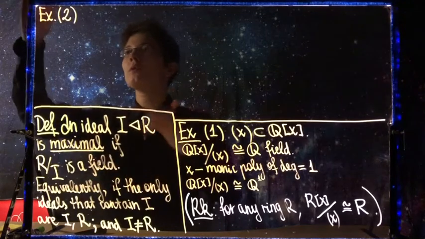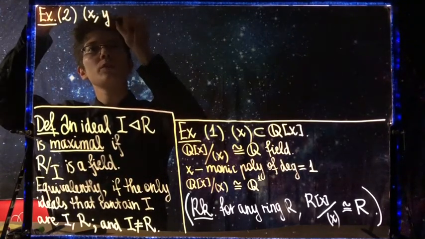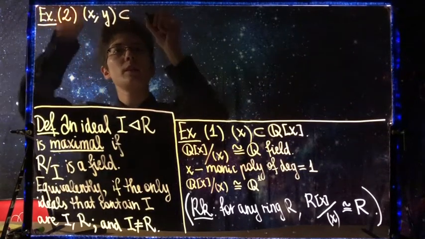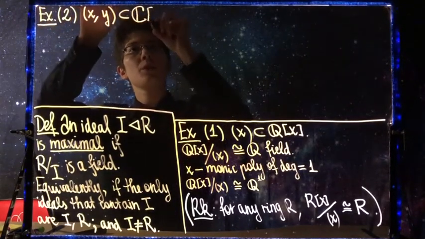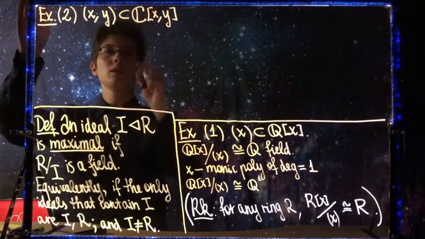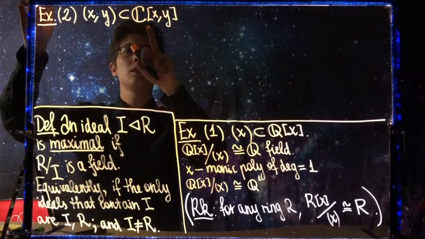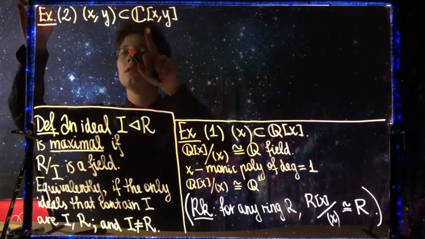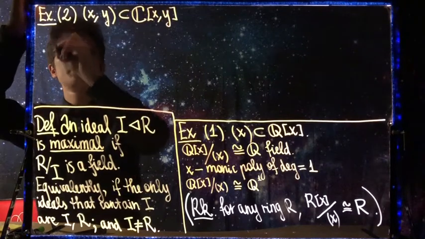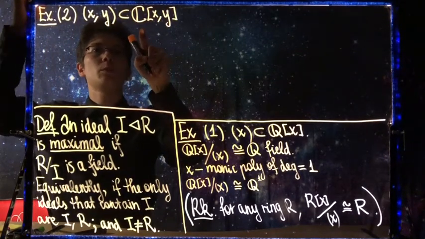Example number 2 is the ideal generated by two elements x and y in the ring of polynomials in two variables with coefficients in C. Let us see what the quotient by this ideal is.